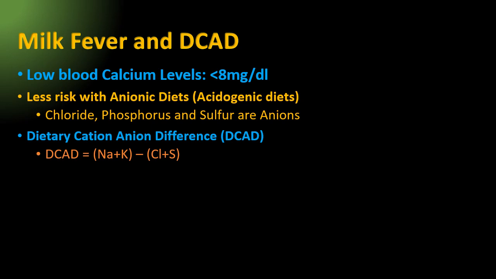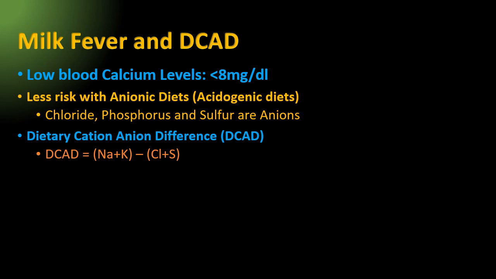When there is a high demand for calcium, the parathyroid hormone function is active, and that causes mobilization of calcium from the bone and can maintain the blood calcium level. The detail of how to calculate dietary cation anion balance will be discussed in the metabolic disorder chapter or video.